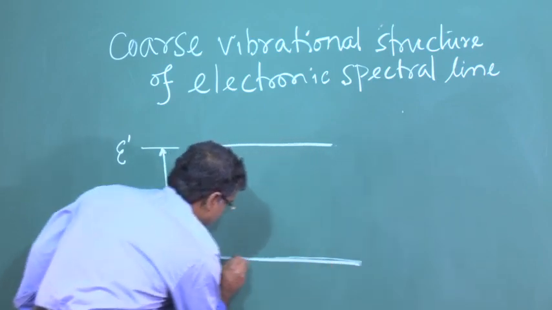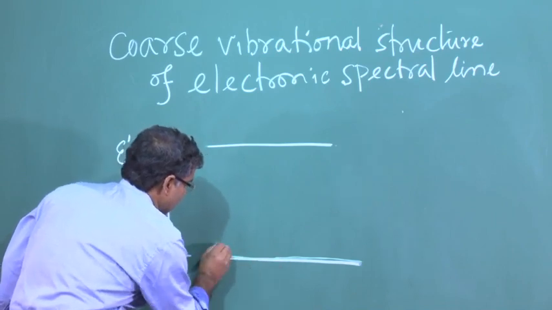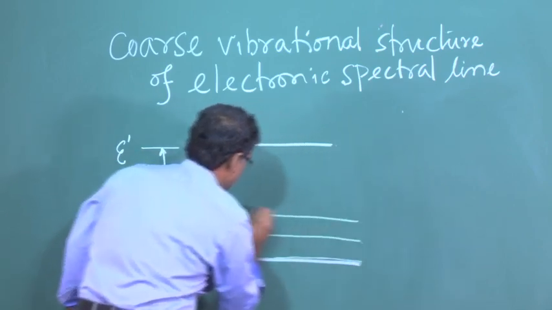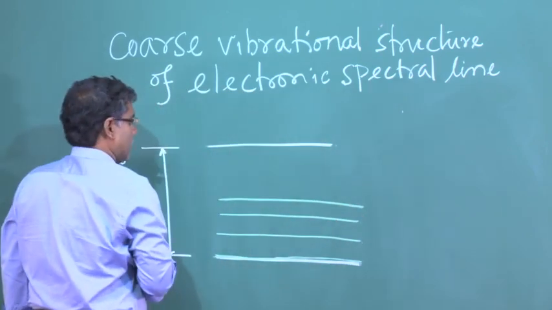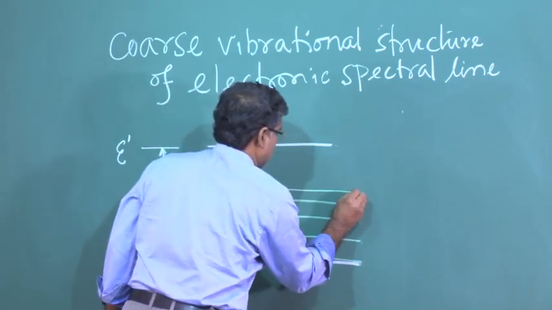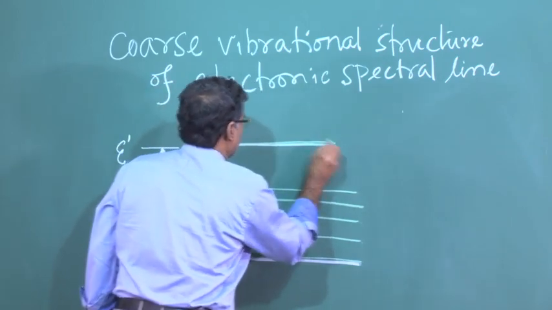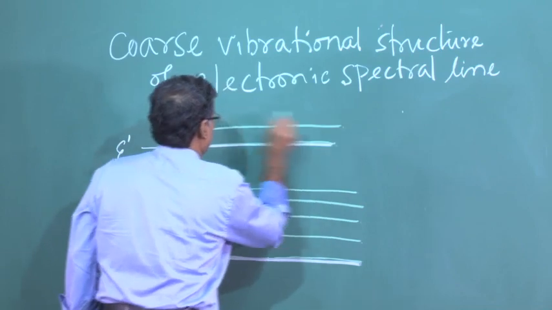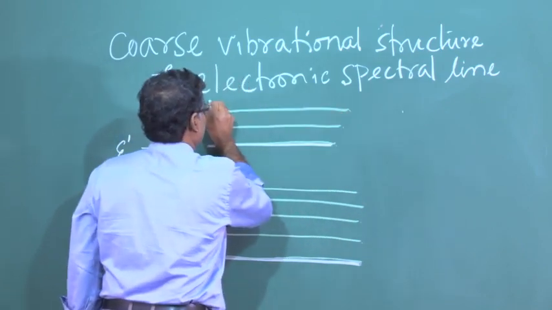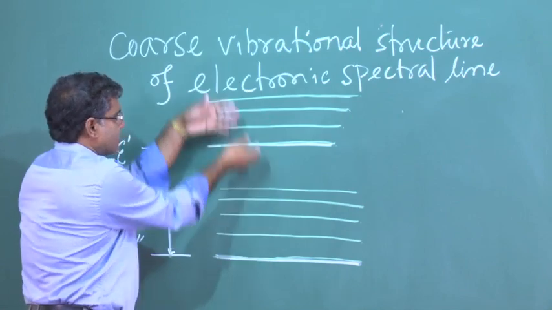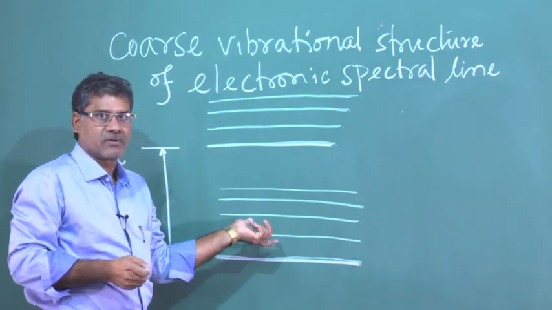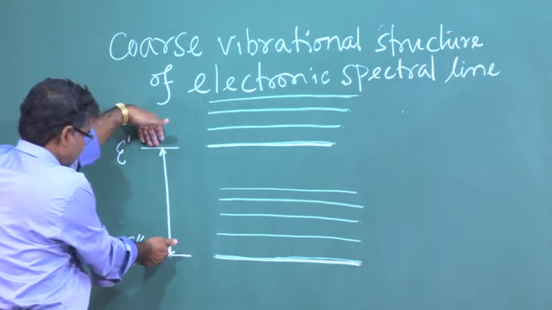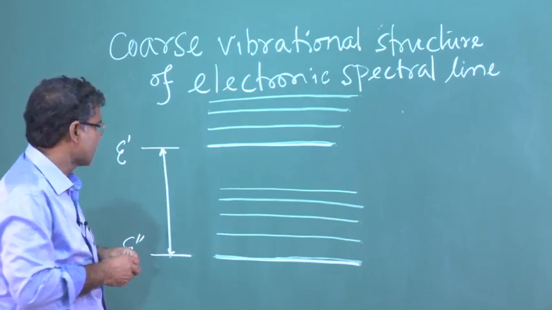Okay, so, these are the vibrational levels, their separation is 10 to the power 3 centimeter inverse, whereas the electronic separation is 10 to the power 5 centimeter inverse.